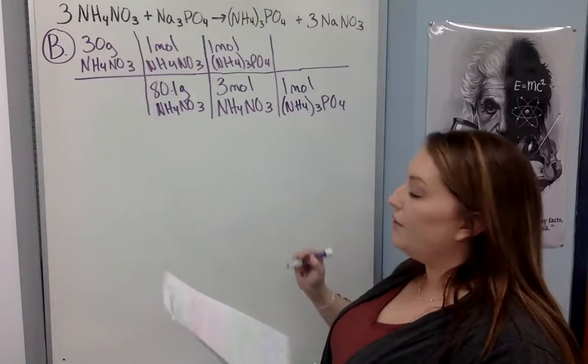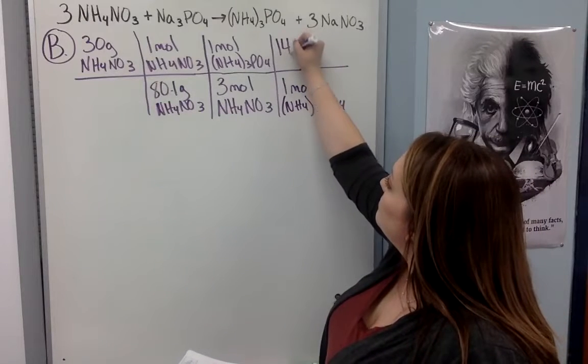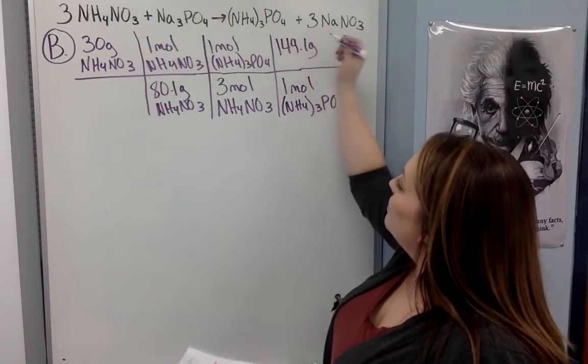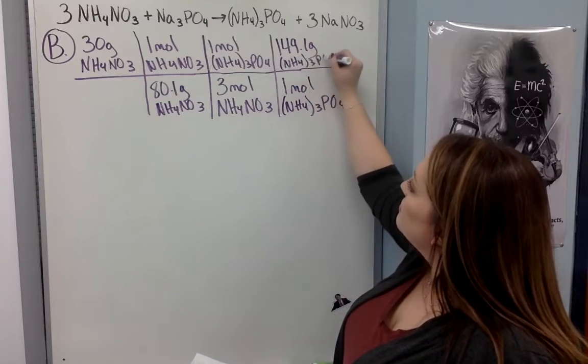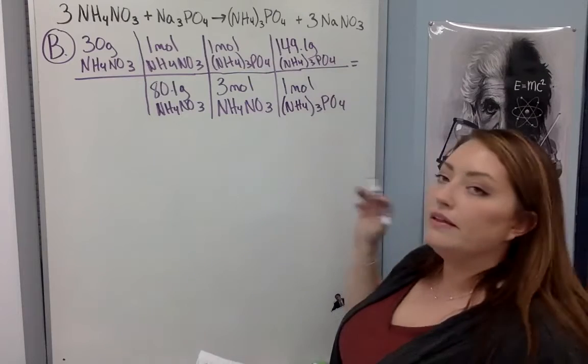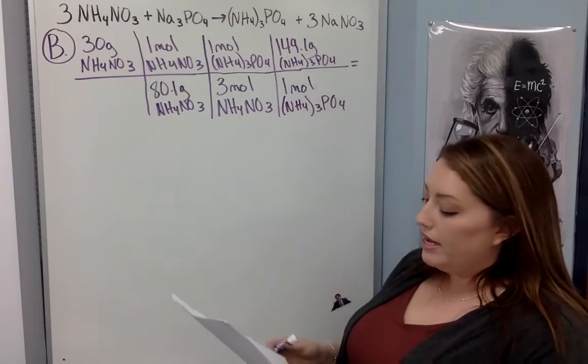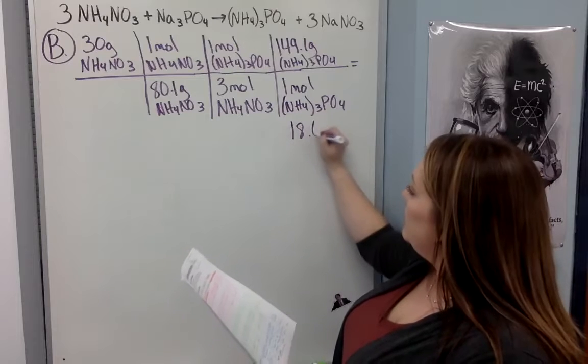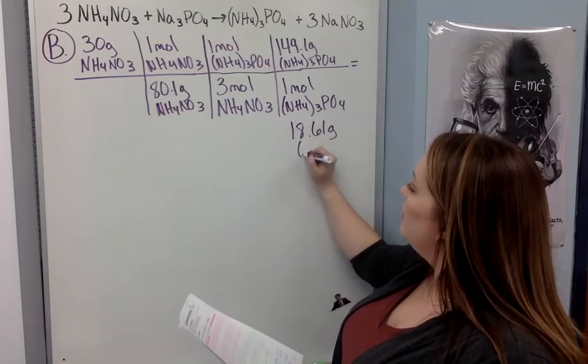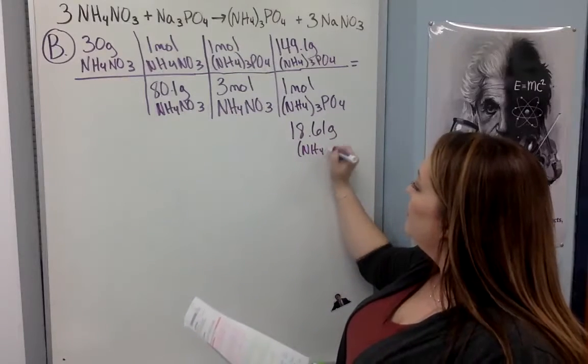So this one's going to be 149.1 grams. At this point, throw that in your calculator. It should tell you that you're going to produce 18.61 grams of the ammonium phosphate.